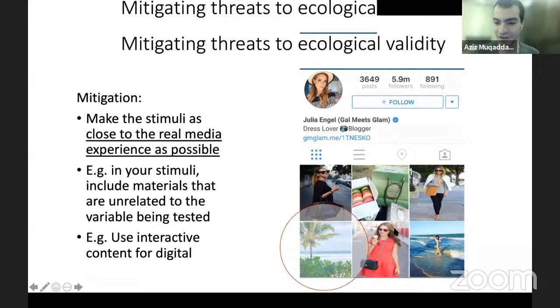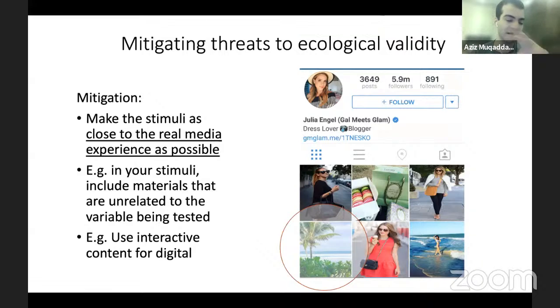You could see here, I had 6 images or posts, and some of them are just a scene, like a palm tree and a beach. And then there's another one here, like sea waves. So I included content that makes that Instagram account look more authentic.